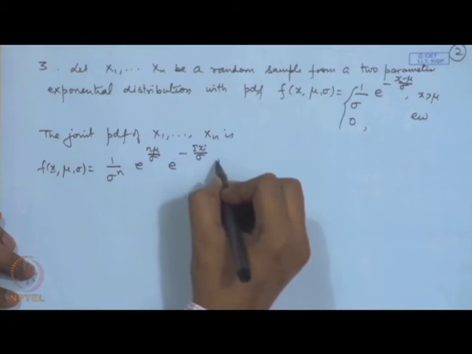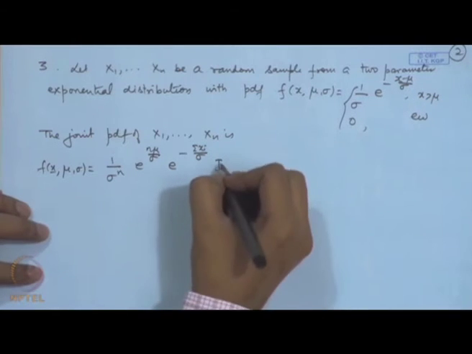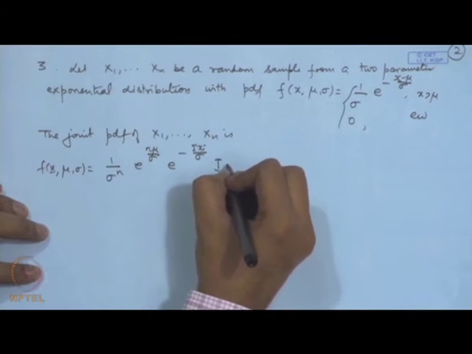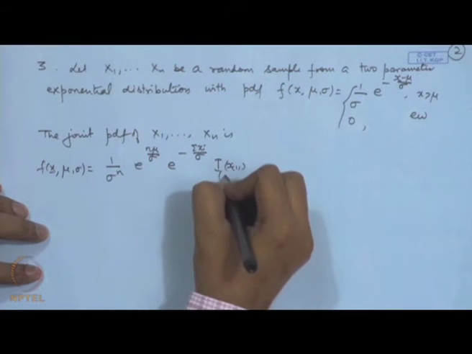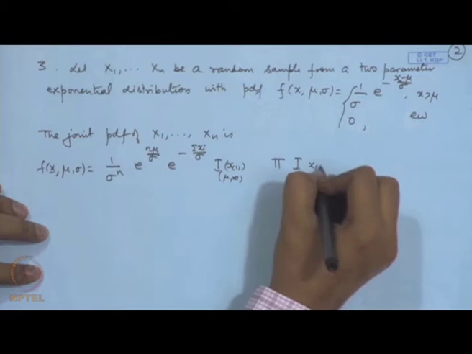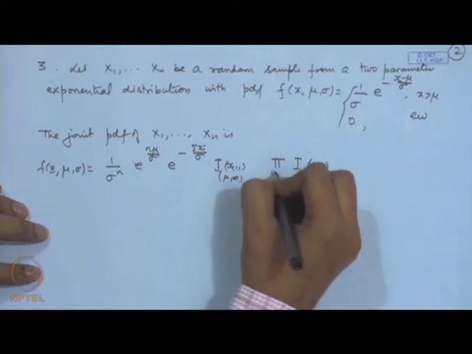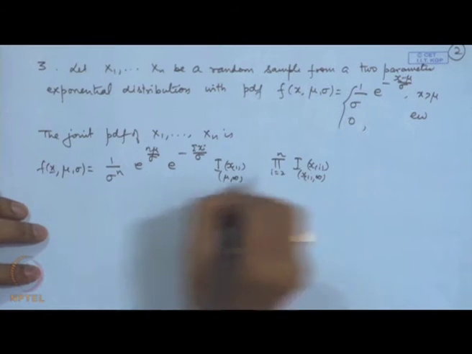and once again the condition that each of x i is greater than mu I can express in terms of the indicator function, like x 1 is from mu to infinity, and the other x i's are from x 1 to infinity, i equal to 2 to n.